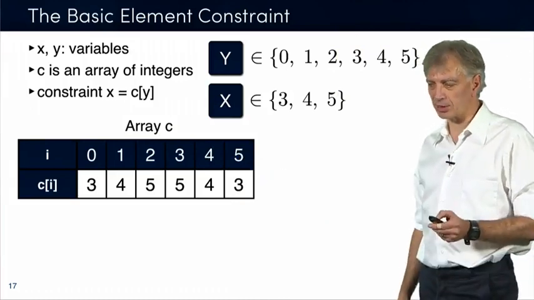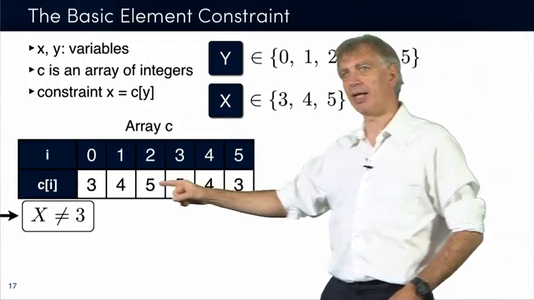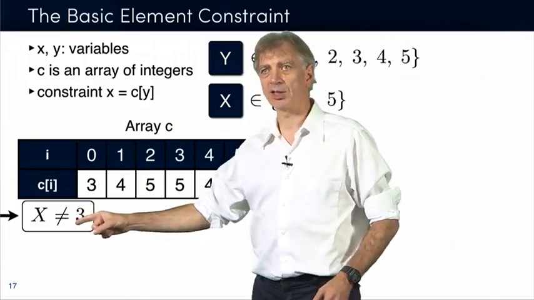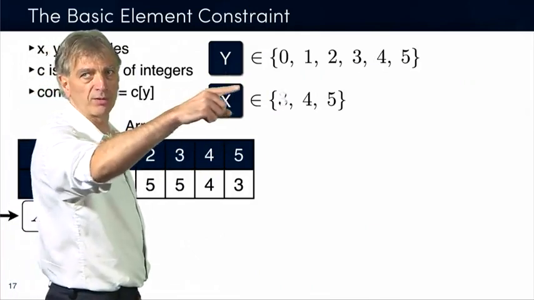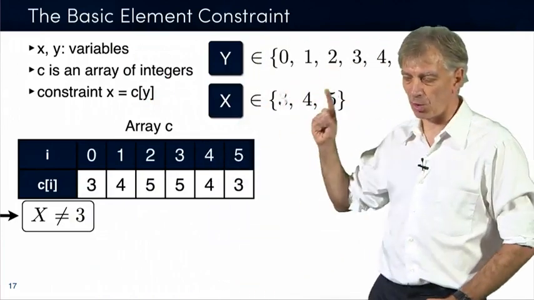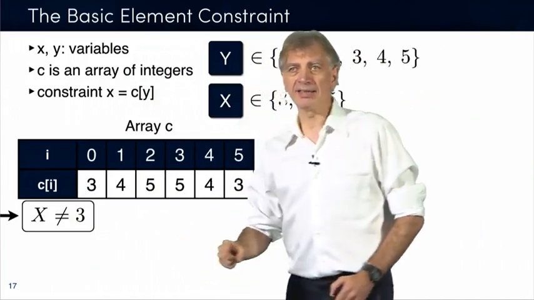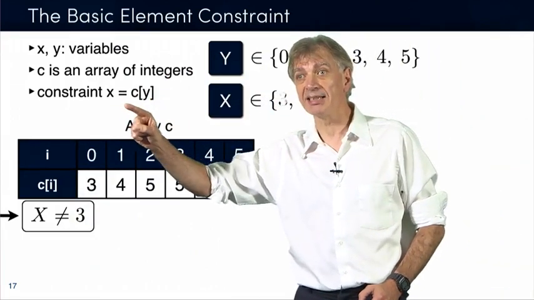Now what is this constraint doing? If I have the information that x is not 3, what's going to happen? Of course, the first thing we can do is remove that value from the domain of the variable. That's what you see over there. But can you deduce something more? The constraint is x is equal to C[y].